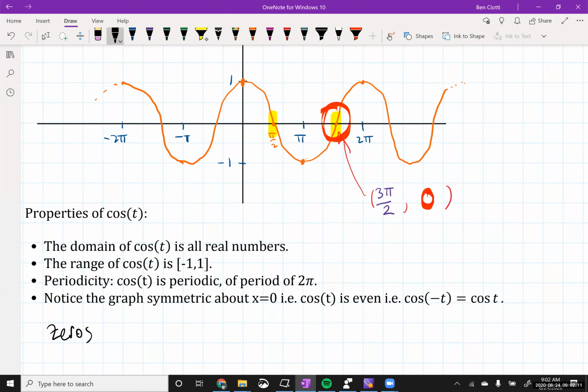The zeros don't move, notice, because 2 times 0 is still 0. Okay, so there we've got a graph of 2 sine x.